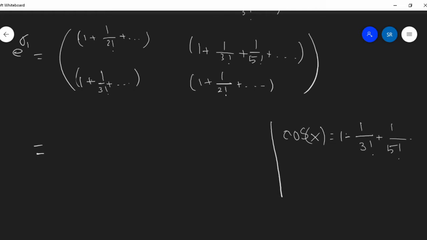So this is our cos, and this is our sine, which is x. Okay, this is not x. This is cos 1, sine 1. So sine 1 gives us 1 minus 1 by 2 factorial plus 1 by 4 factorial, and this goes on and on.